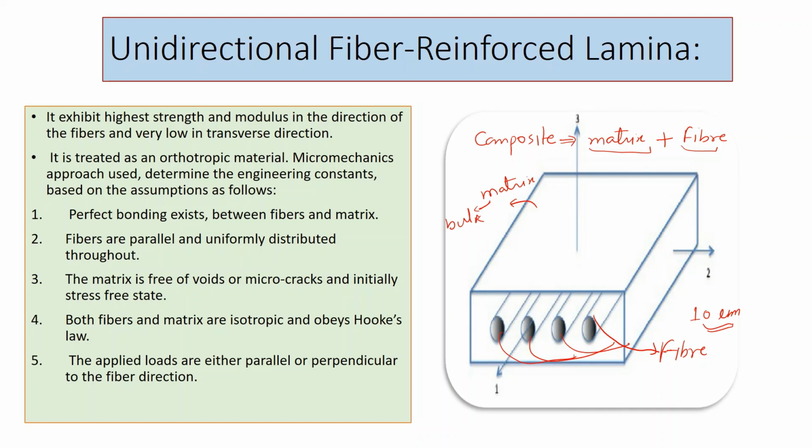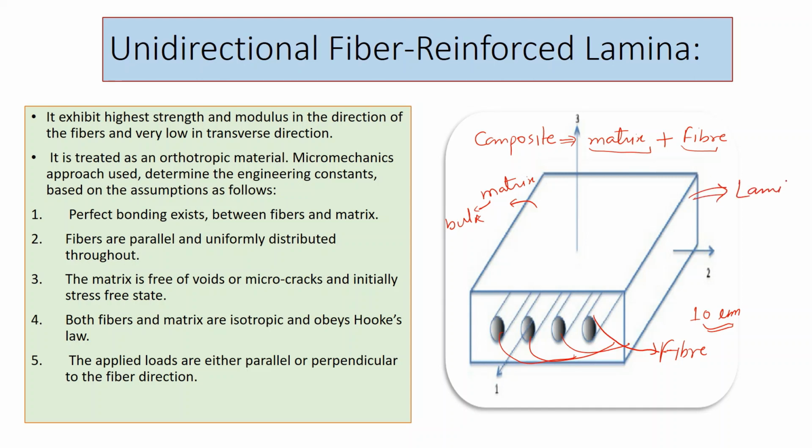So these fibers are very high in strength, and the bulk material, the matrix, is lower in strength. The overall strength of the lamina, which is made from matrix plus fiber, is called a lamina.